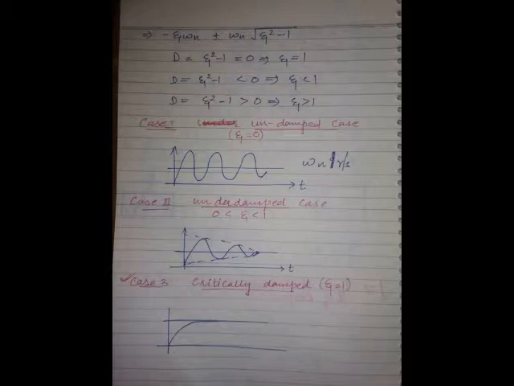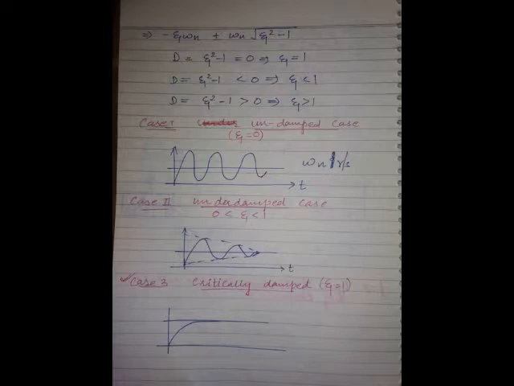Sin omega n t means continuous oscillations. So when you don't provide damping to a second order system, if I assume this to be the final value of input, the response will exhibit continuous and sustained oscillations about the final value. The frequency with which this oscillates is called as omega n, undamped natural frequency.